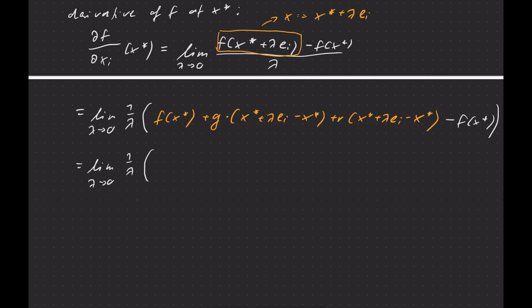So we are left with g times lambda ei plus r at lambda ei, and that divided by lambda.